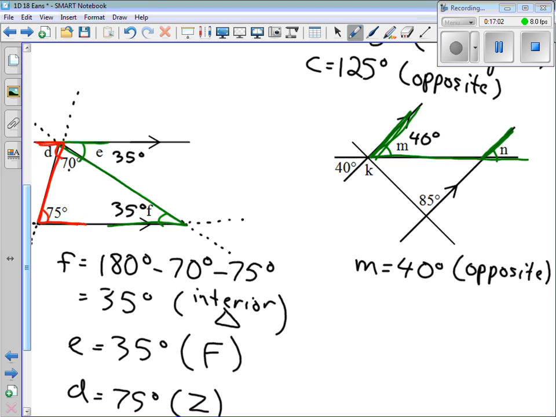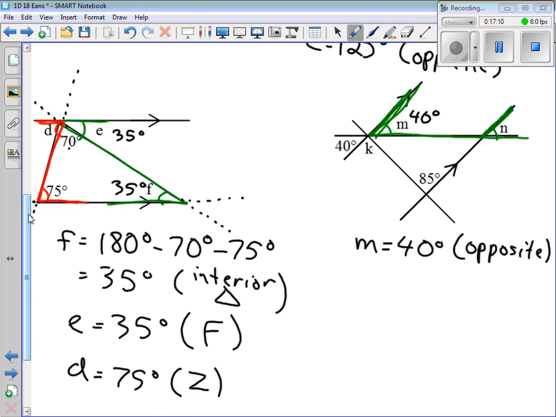There's our F pattern. That tells us that these two angles underneath the arms of the F have to be the same. So N is going to be 40 degrees using that F pattern. So let's write that on here. 40 degrees.